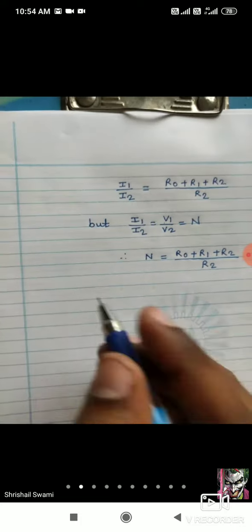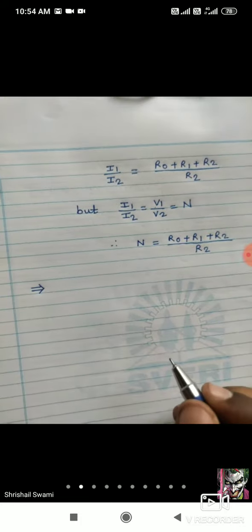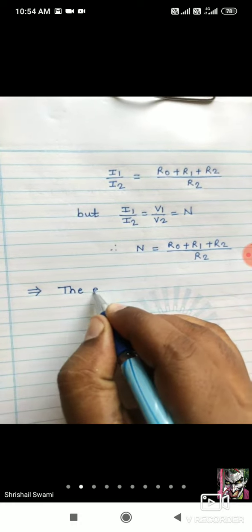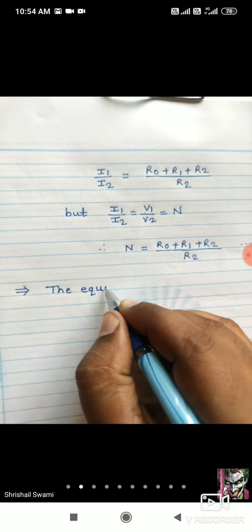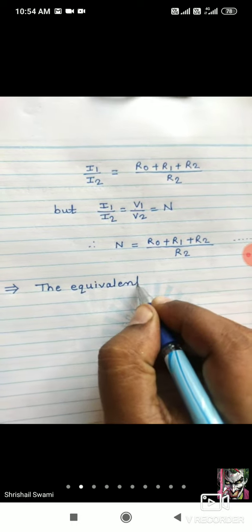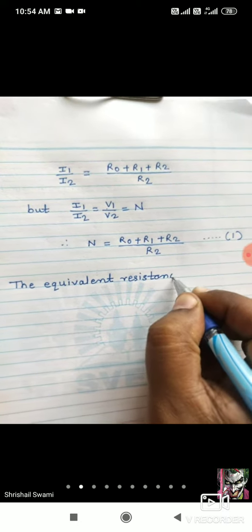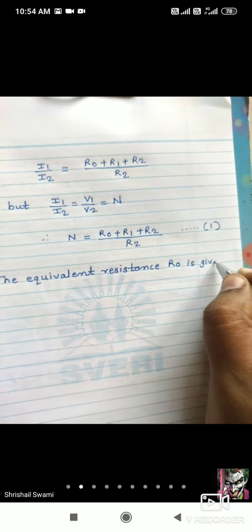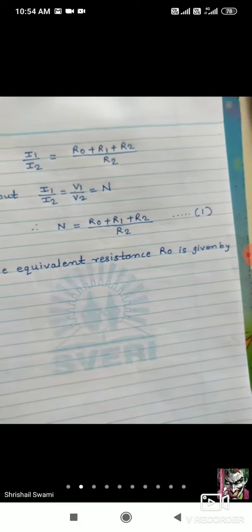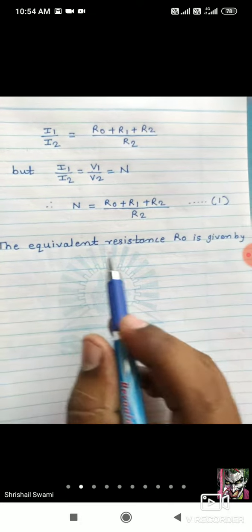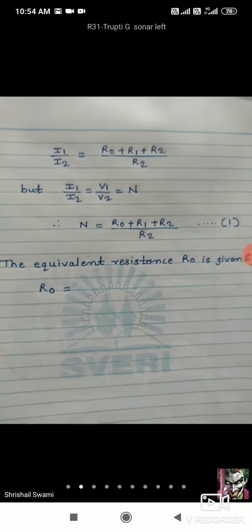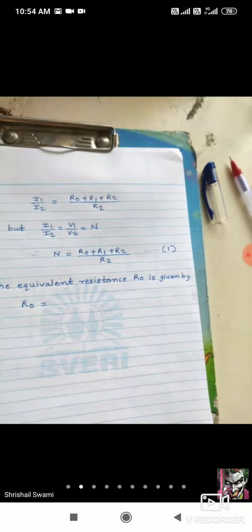Now next point, you have to measure the equivalent impedance, that is R0. The equivalent resistance R0, or you can also say characteristic impedance, is given by R0 is equal to, so consider the diagram of how the resistors are connected.